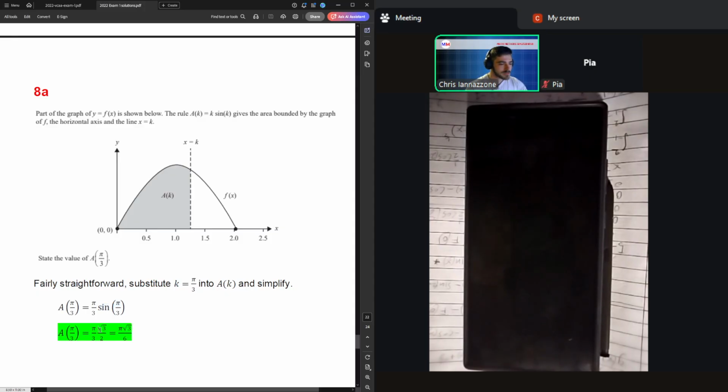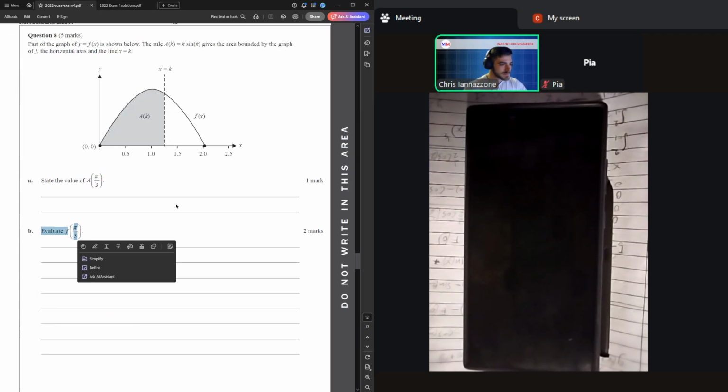Fair enough that sine of pi over 3 is root 3 on 2. How's your unit circle stuff? Yeah. Yep. Easy. Here's the one that I struggled with. F of pi over 3. Not A of pi over 3, but F of pi over 3 now.